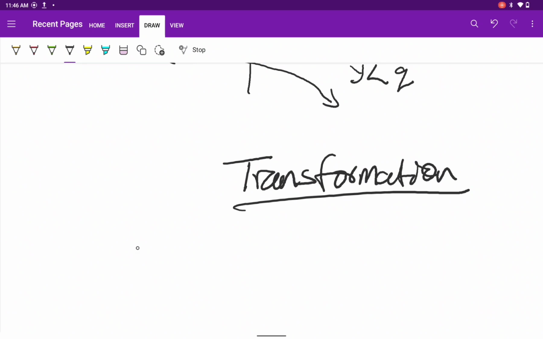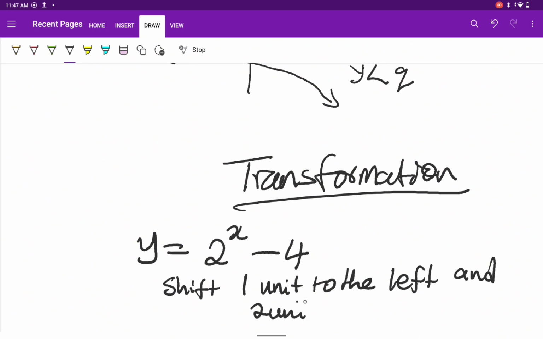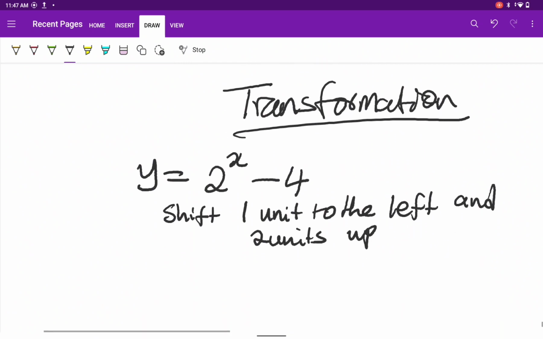Suppose we have our function y equals 2 exponent x minus 4, and we want to shift this graph 1 unit to the left and 2 units up. Let's see what the new graph will be.